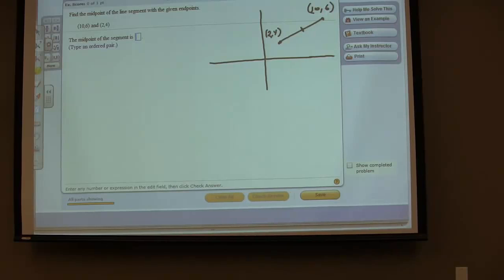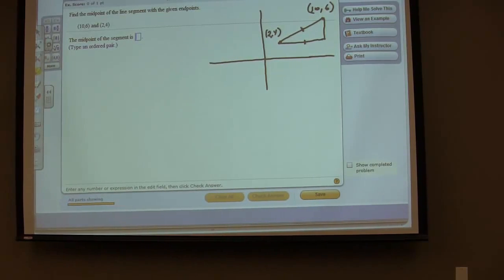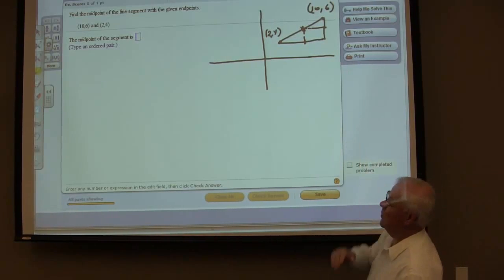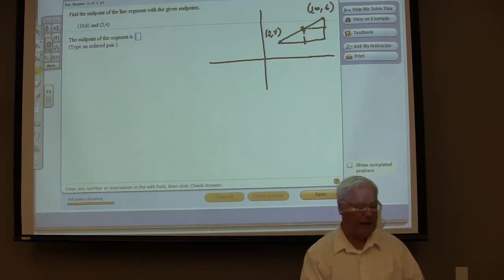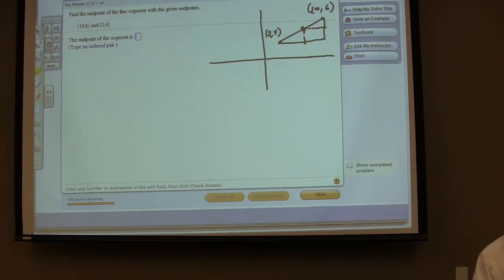Well again, if you draw a right triangle, what you find is if you knew this point and this point, the two midpoints of those legs, and you drew a line up to the hypotenuse, they would come together at the midpoint of the hypotenuse. That was from geometry in high school. I don't know whether y'all remember that, but that is what that's going to do.